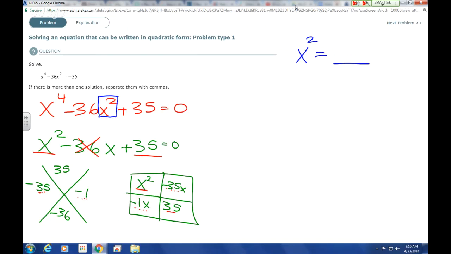We broke that up into those two parts. So then we get x, negative 35, negative 1. So this factors to x minus 35, x minus 1 equals 0. Am I going too fast?